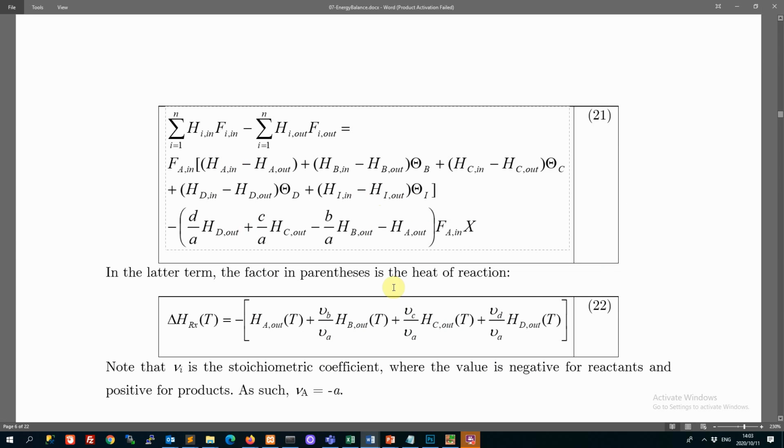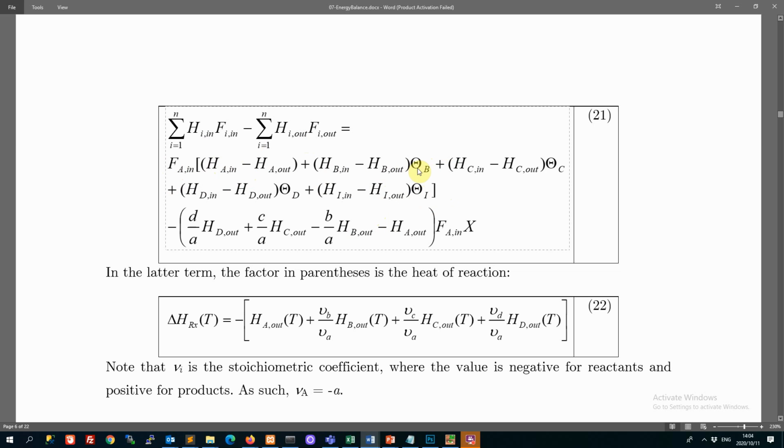We can see how we get the A part of this, and you can work carefully through each of the other species, and you'll see that they all have that form. So you can see one part here where it's simply F A in multiplied with the difference in enthalpies and then times theta of whatever it is.